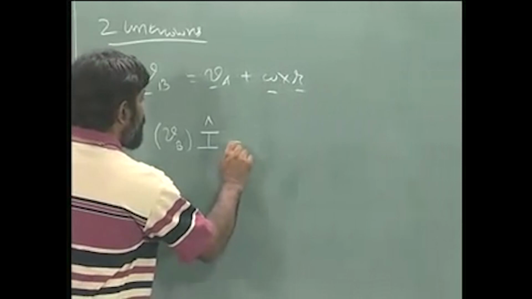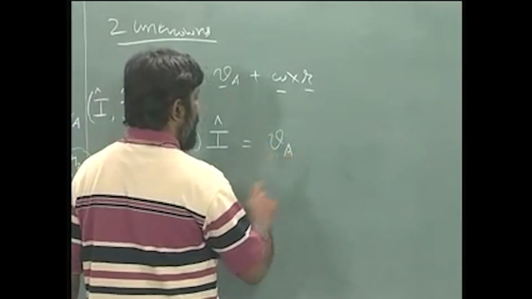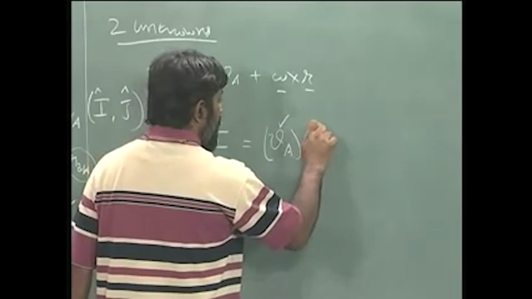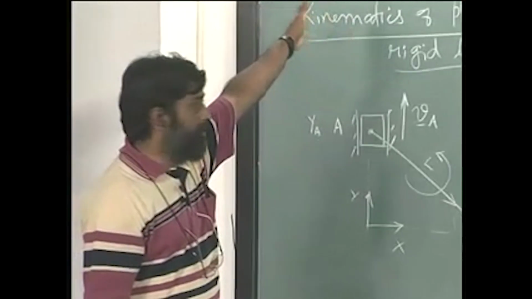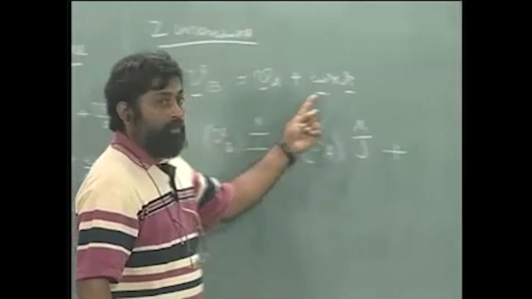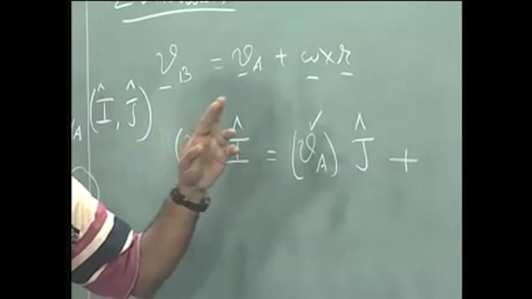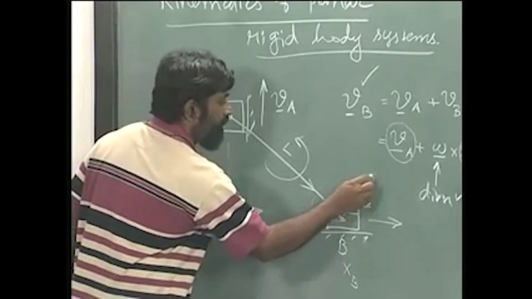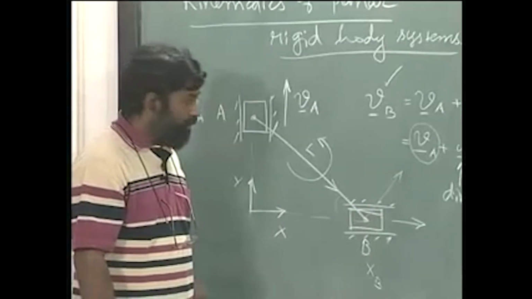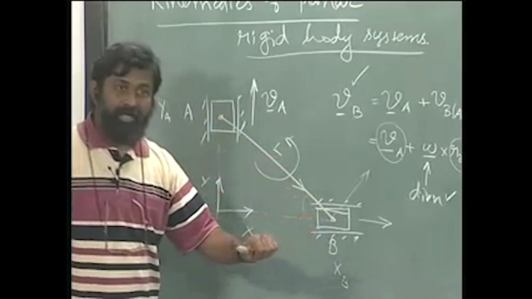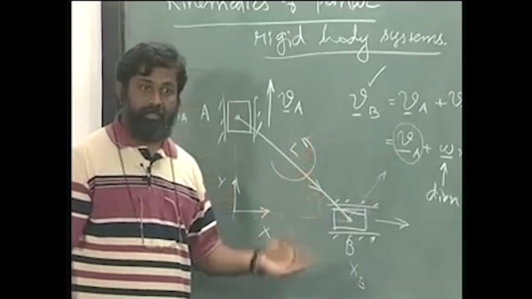So this is Va that is given and it is directed along positive J, that is already known, plus omega cross R, the direction of which is already known to be like this. Do I know this direction? The answer is yes, because I know this direction and I know k direction, which means this direction is known.